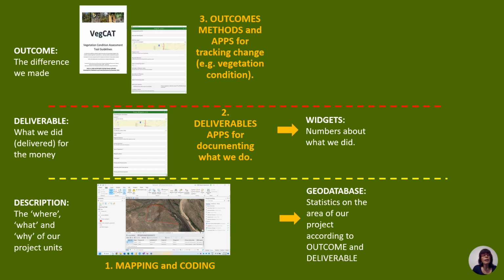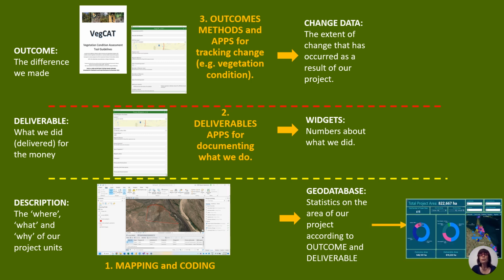Above the red line, we have our monitoring methods, our condition monitoring methods, and these provide us with change data, the extent of change that has occurred as a result of our project. So three levels of information, if you like.